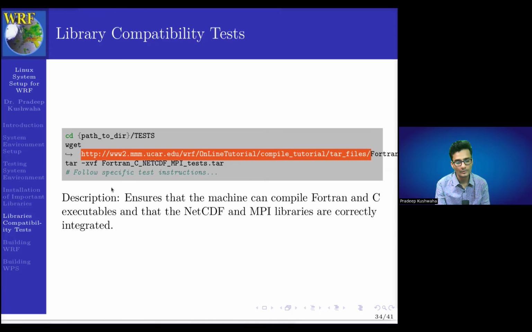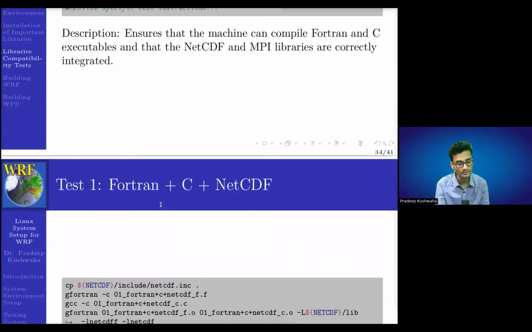Now we have to ensure that the machine can compile Fortran and C executables and that the netCDF and MPI libraries are correctly integrated. For that, these tests are necessary.